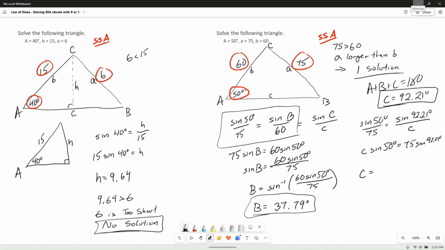So C is going to be 75 times the sine of 92.21 degrees over the sine of 50 degrees. And we can compute that on our calculator. And we should get that C is equal to 97.83, if I type that in right.